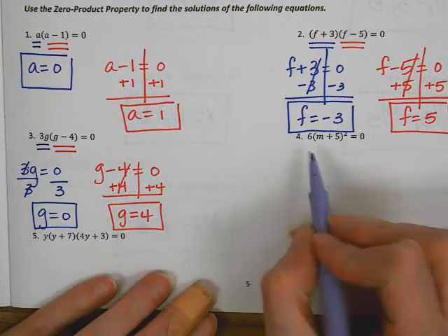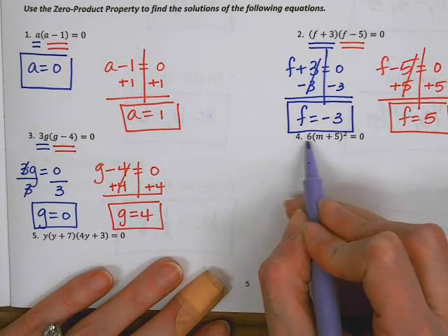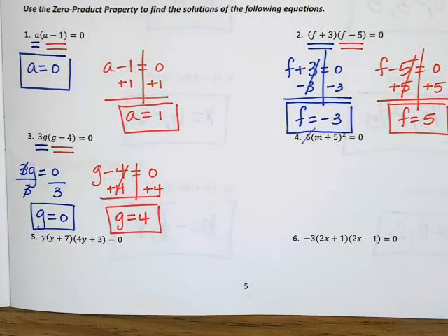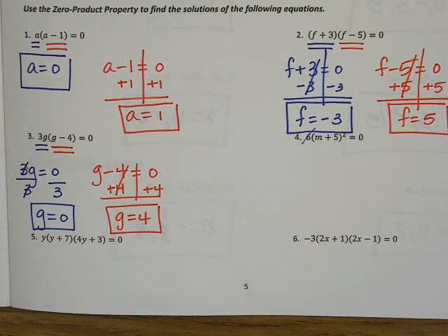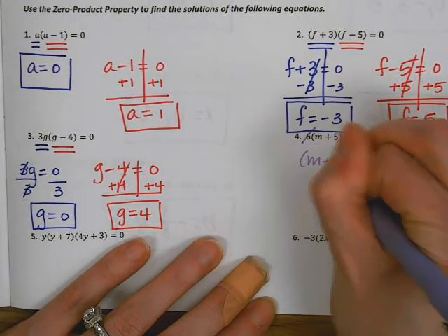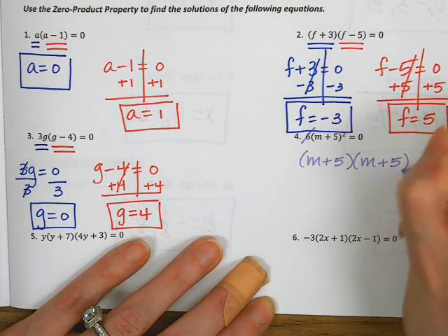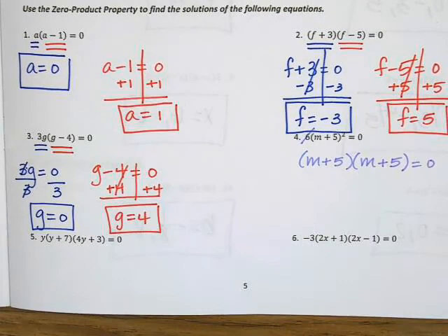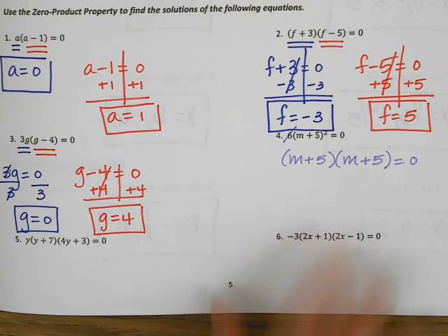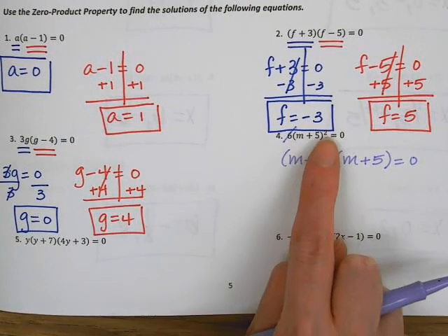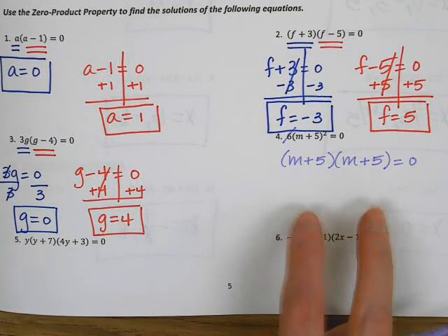All right, now let's look at number 4. Now this one, the 6 doesn't have a variable with it, so it's not going to affect our answer. All you guys have to do on this one is write m plus 5 twice, because remember squared means you write it twice. And then you just solve those. Okay, so we actually don't do anything with the 6 because since it's a 2, we should only have 2 answers.